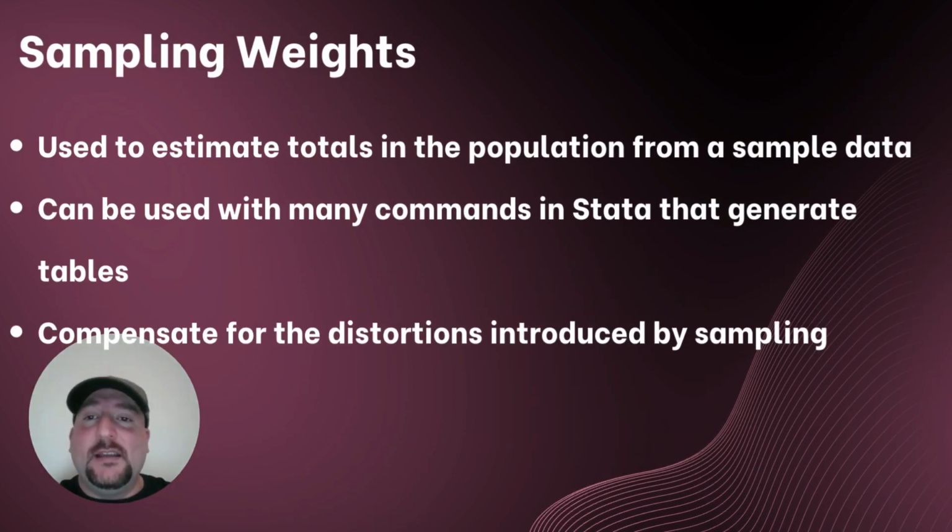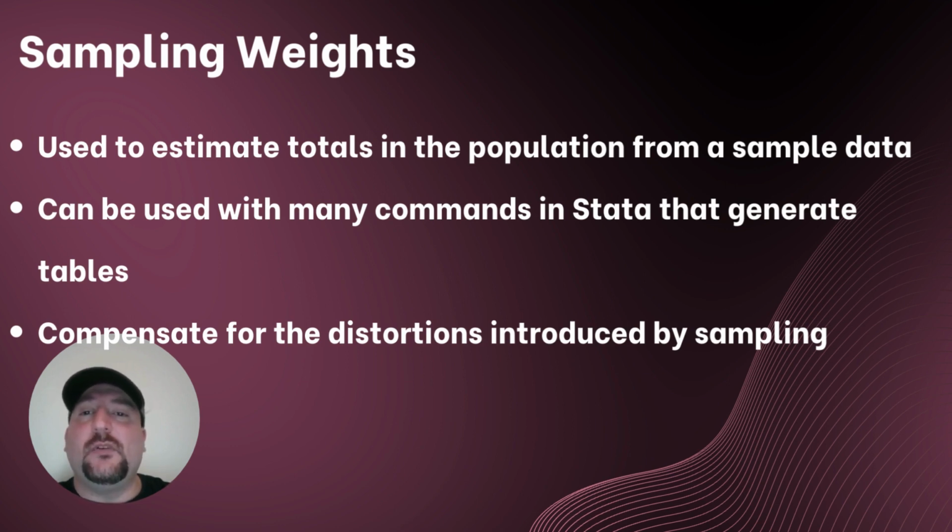Sampling weights. Sample weights are used to estimate the total in the population from sample data. Sampling weights compensate for the distortions introduced by sampling, allowing us to calculate means and percentages from the sample that are unbiased estimates of the population statistics. Sample weights can be used with many commands in Stata that generate tables.